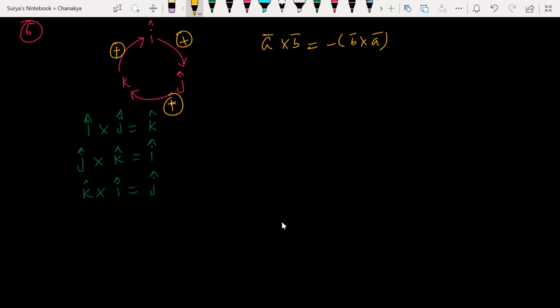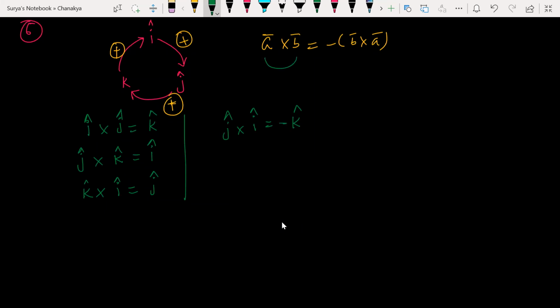Guys, as soon as you're moving in a clockwise direction, it becomes positive. But if you're moving in a negative direction, what happens? If I move J cap cross I cap, what happens here? K cap, but which one? Minus K cap.